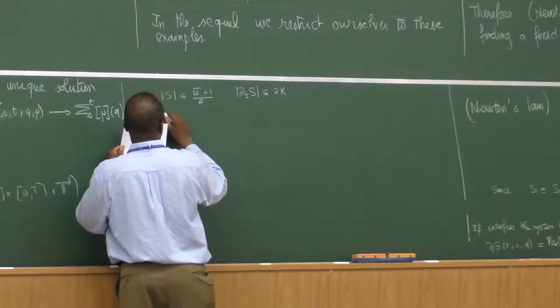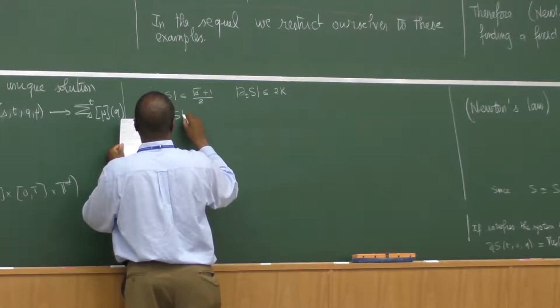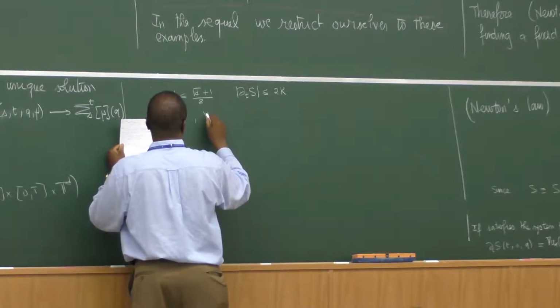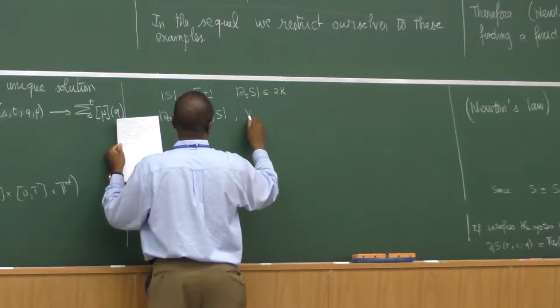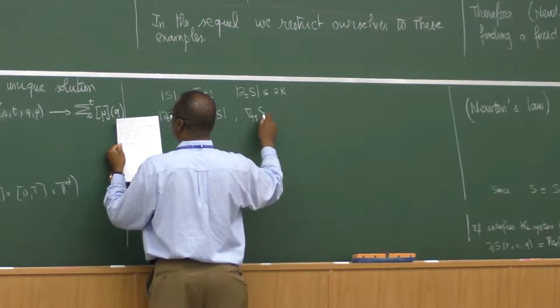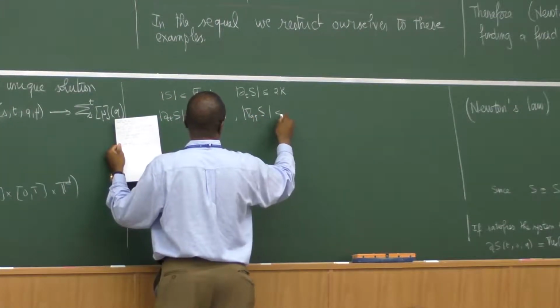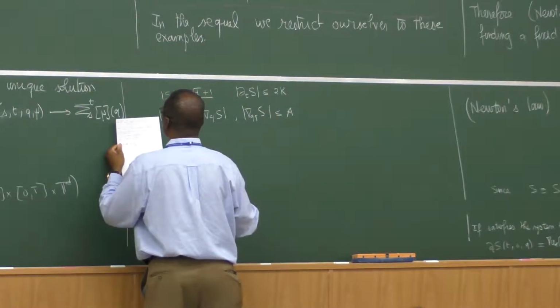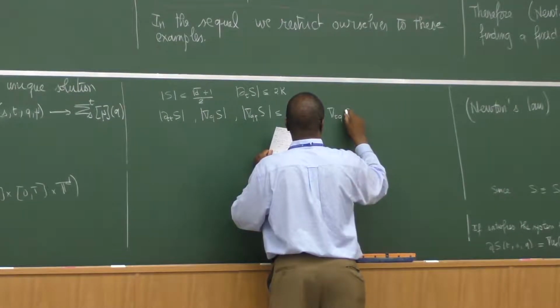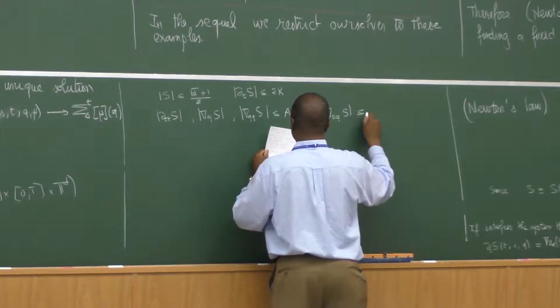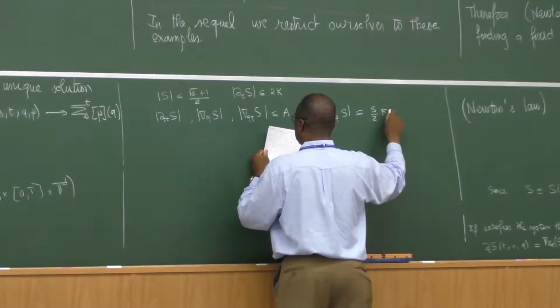The second derivative of S, the gradient Q of S, the second gradient Q of S is less than A. The gradient TQ of S is less than 3/2 kappa A.